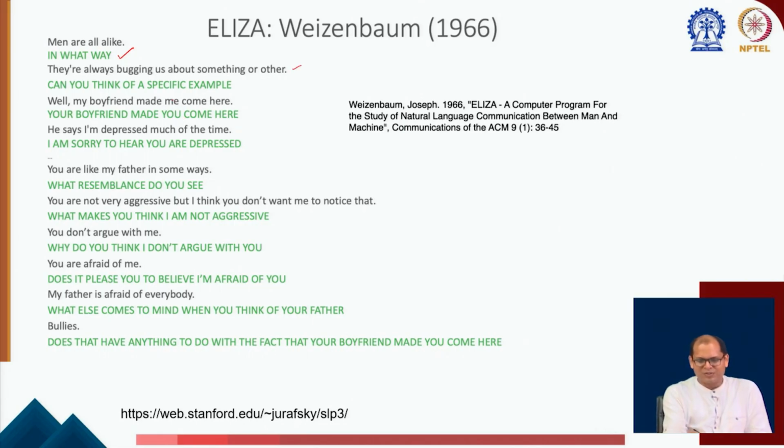"Can you think of a specific example?" "Made me come here." So they are repeating the same statement. "Depressed." If it catches certain keywords, it will say, "I'm sorry to hear that." So it had various interesting patterns that it was built upon, and it was one of the very first chatbots and very popular at that point of time.